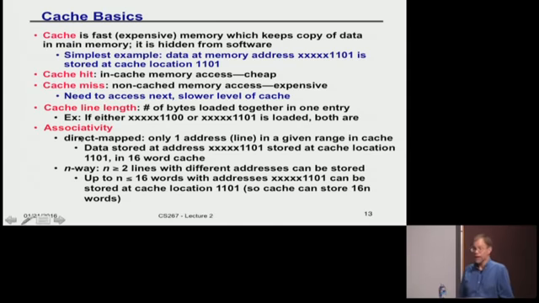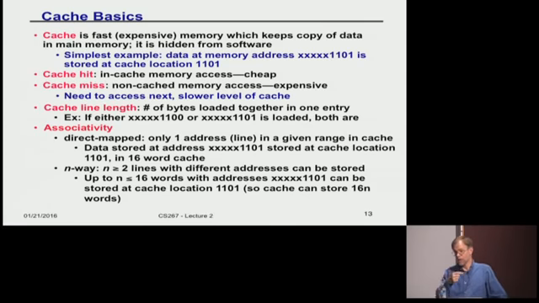The other quantity is called associativity. And this simple example I had up here was, this is stored in one location. And so if I read another word in that also ends in 1101, I have to throw that out. Only one word fits. And that has problems. So suppose, for example, I have a matrix, and it's stored row-wise, and I want to read in a column.